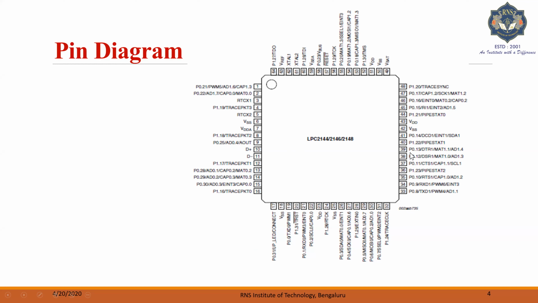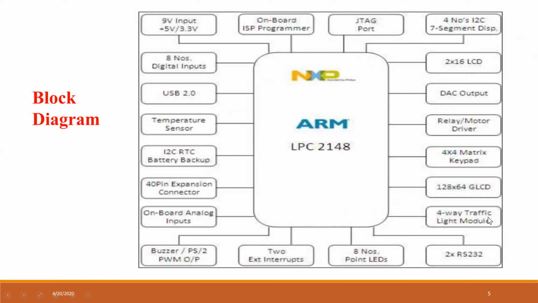I think this diagram is already written in your observation book. So that is LPC 2148, which consists of all these 64 pins. This is the microcontroller we will be working with. And this is the block diagram, showing how it is connected to different input output devices. This is the block diagram of LPC 2148.